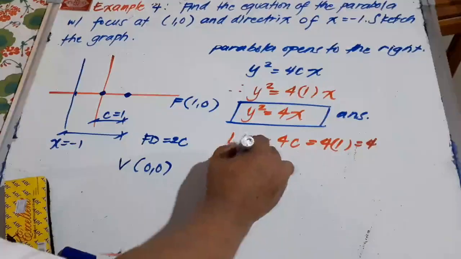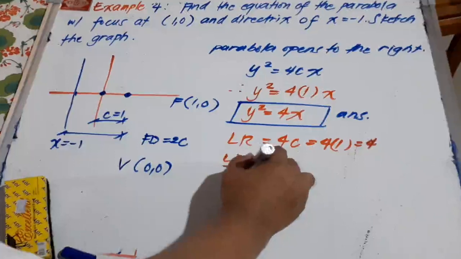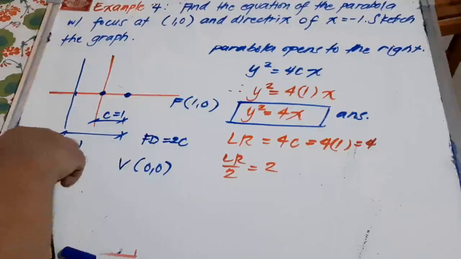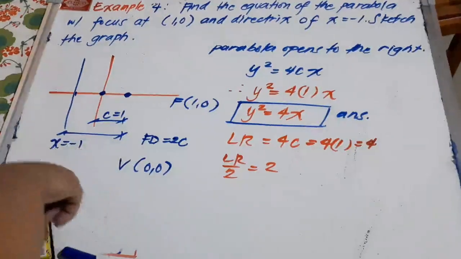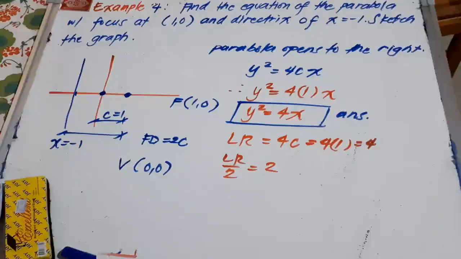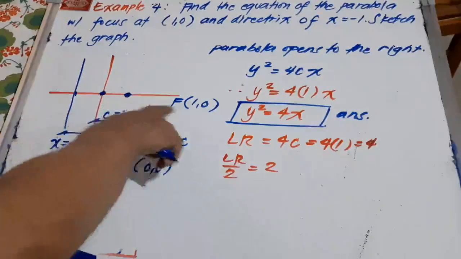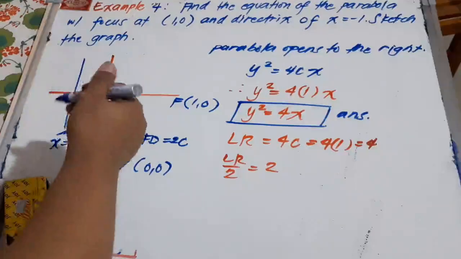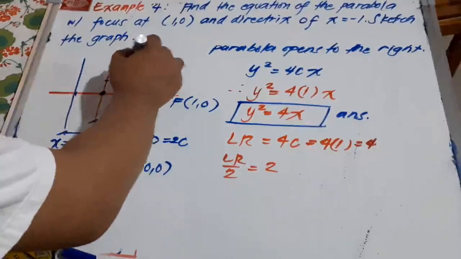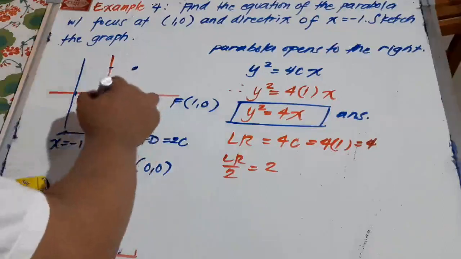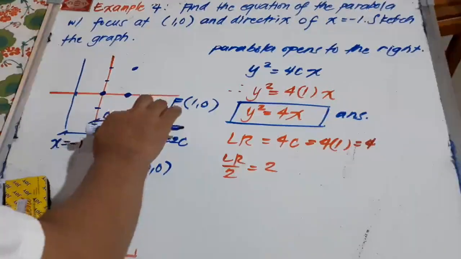At ang kalahati ng LR is 2. Okay? So, therefore, ang ating endpoints of the latus rectum is located at, starting from the focus, kakount tayo 2 units upward, 2 units downward. So, we have 1, 2 here. Tapos 1, 2 here.